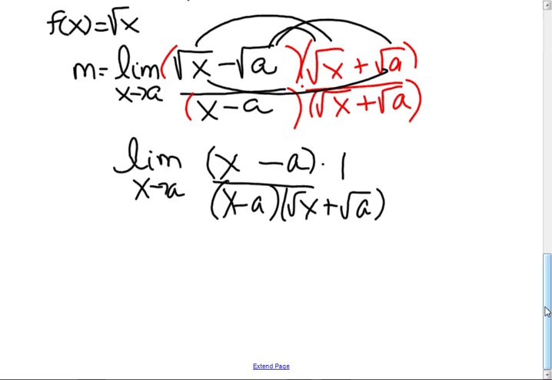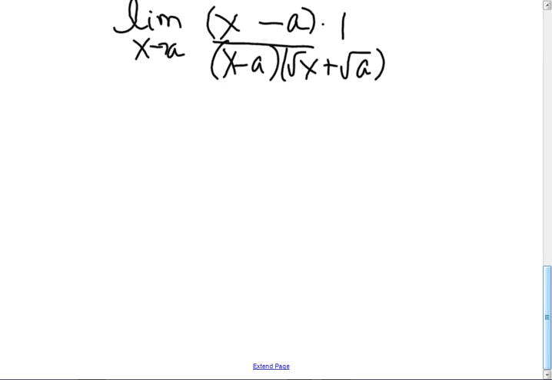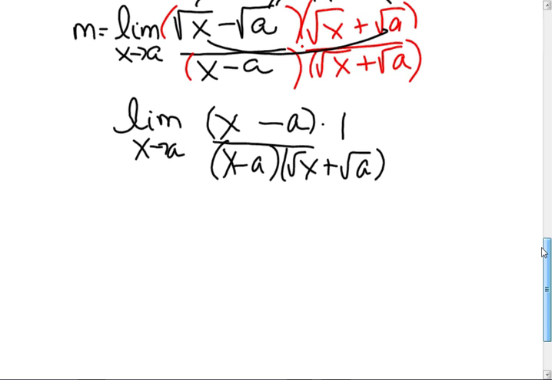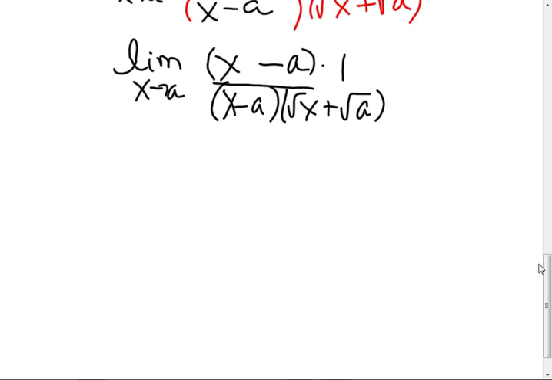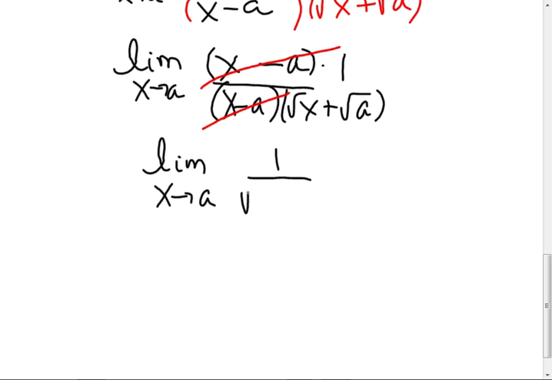If you didn't know that before, you should know by now that you cannot cancel or reduce fractions if they're in the form of addition. It's not x going with x, it's x minus a dividing out with x minus a because they're the same numbers. And so now I'm left with the limit as x approaches a of 1 over the square root of x plus the square root of a.